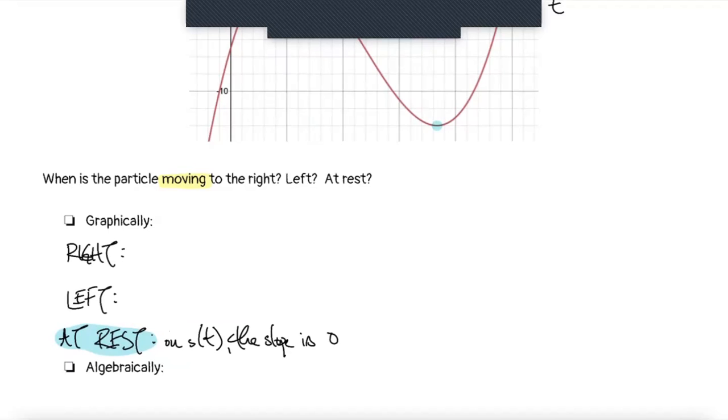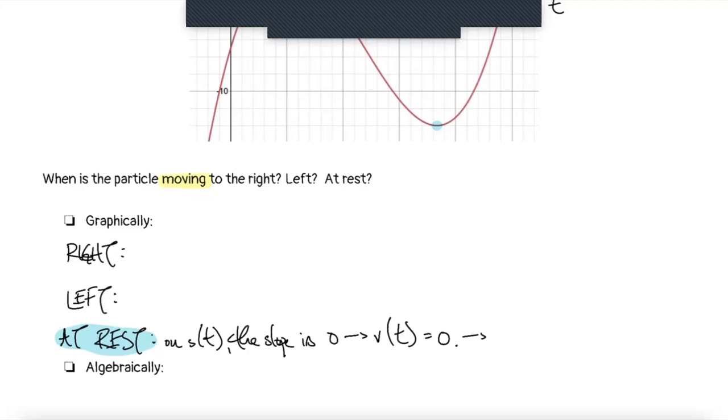But another way to say that is that the velocity, let's not write out the whole word, where v of t equals 0, right? When I say on s of t, the slope is 0, I am equivalently saying that the velocity is 0.